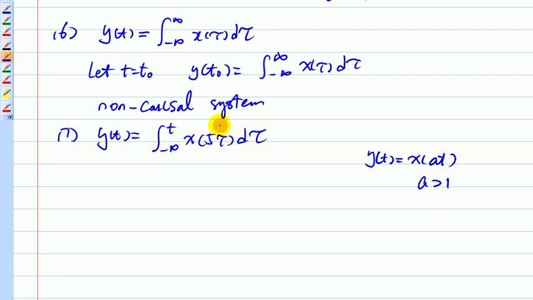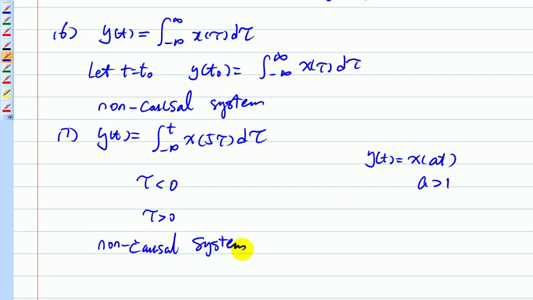And apparently you will have many instants. The y of t, when t is greater than 0, will depend on the future input. When tau is less than 0, it seems okay. But when tau is greater than 0, that gives you the idea that the output depends on future input. So this is a non-causal system.